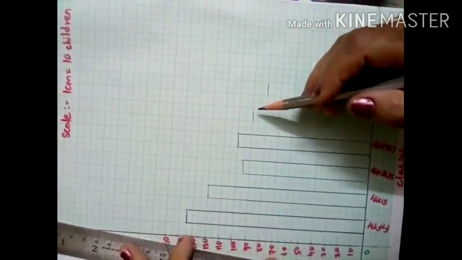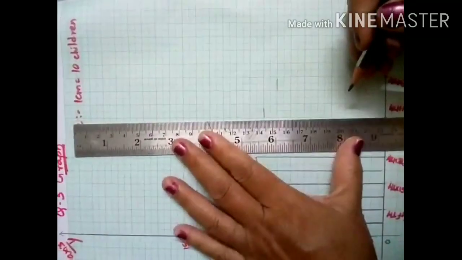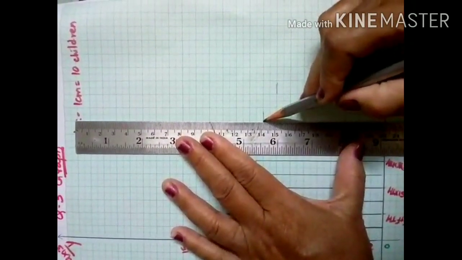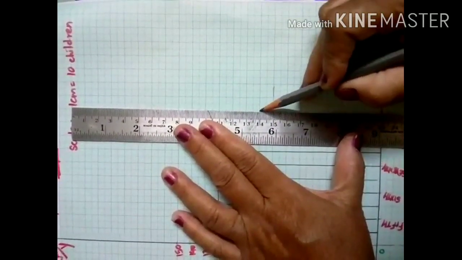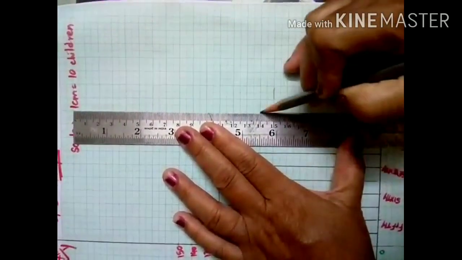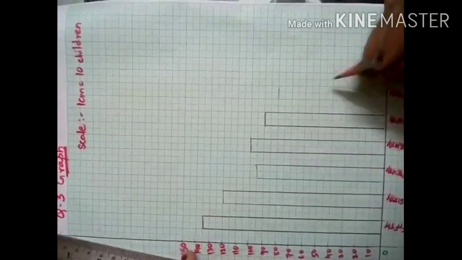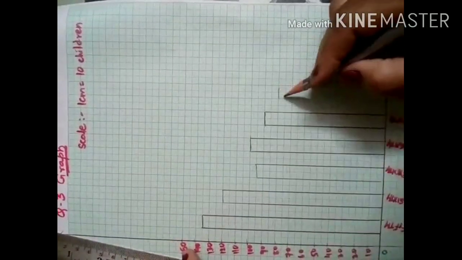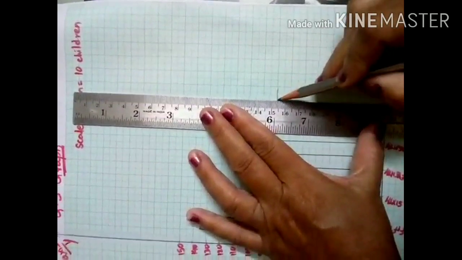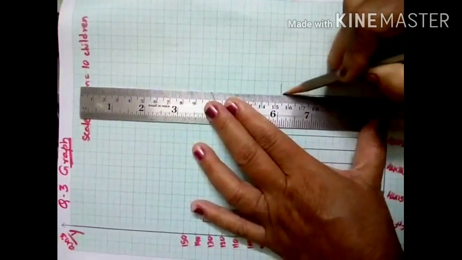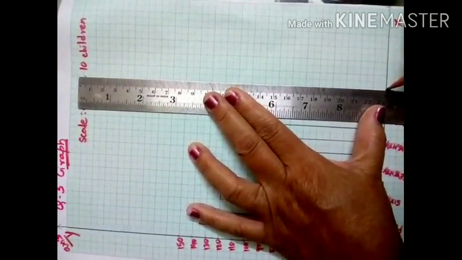So in front of 90, 9th standard. And last one is 10th standard, 80. So in front of 80, we will take for 10th standard. So this is the last one for 10th standard.